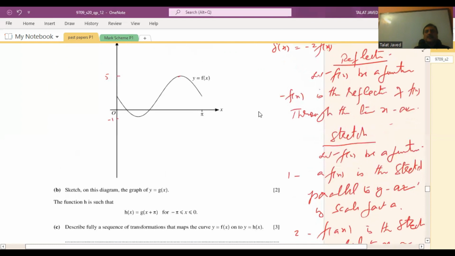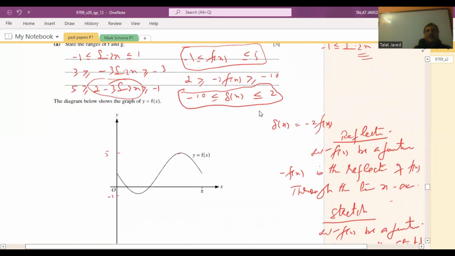So here in this case, we have two transformations. Number one, this f of x is being multiplied by minus 1 and it is also multiplied by 2. So this is the reflection in the x-axis and it's also stretched by 2. So first if we take its reflection in the x-axis, this 2 becomes minus 2.